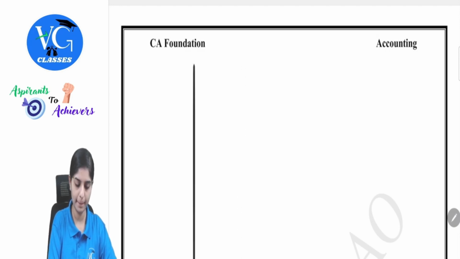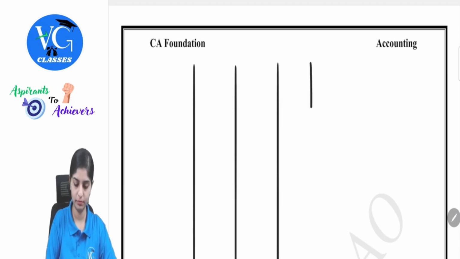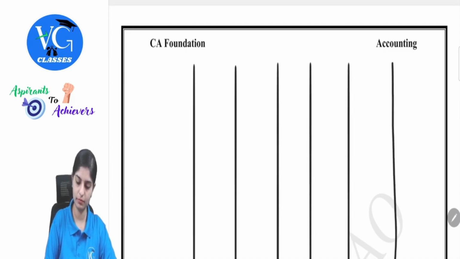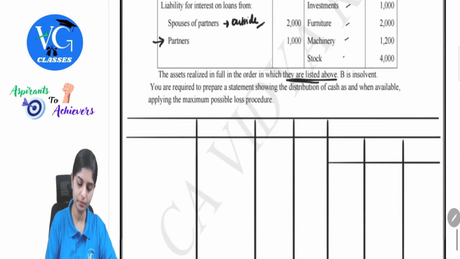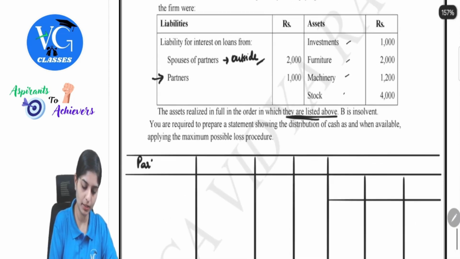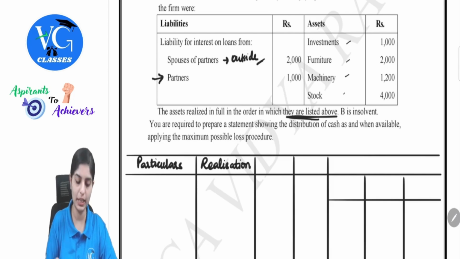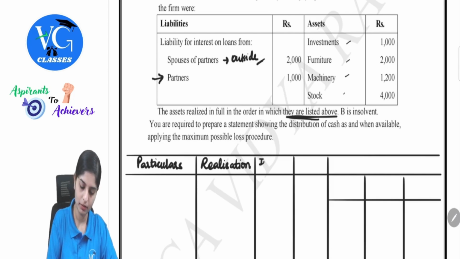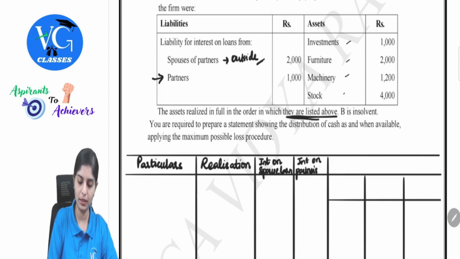Realization is what amounts we receive. Interest on spouse loan, interest on partners' loan.